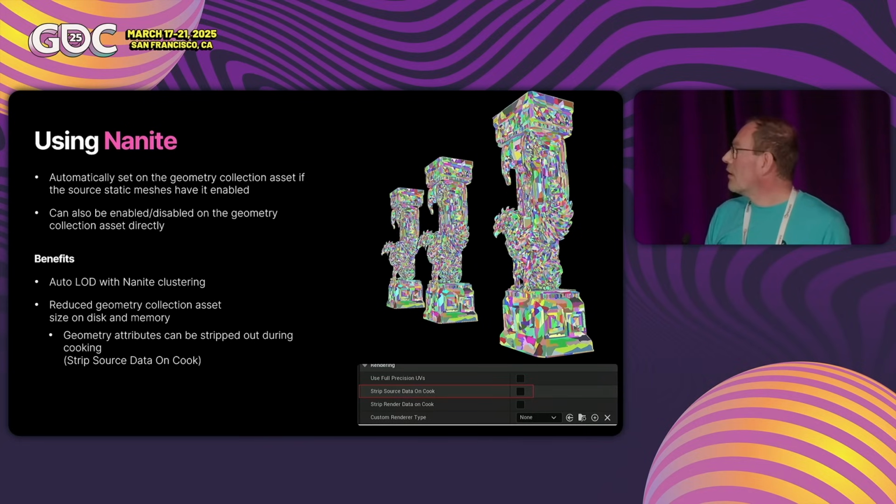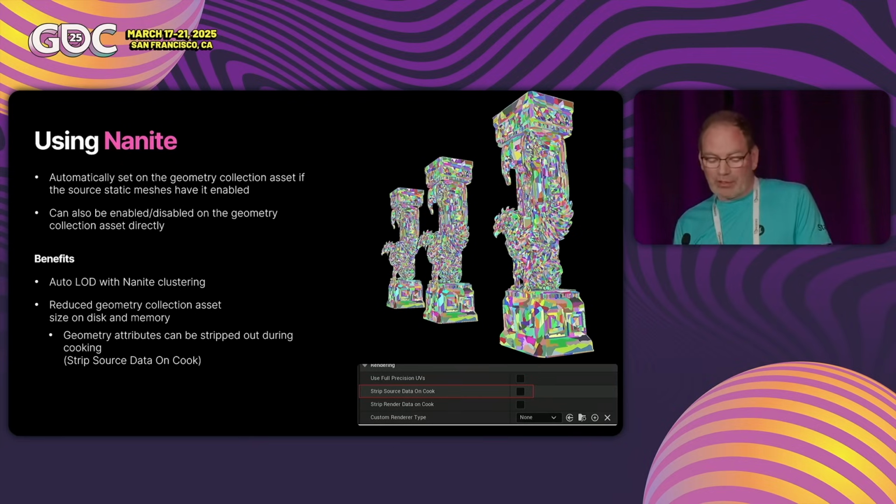So the benefits of using Nanite as well is that you're going to get the auto LOD using Nanite clustering, because by default, geometry collection rendering doesn't support LOD. So that's a limitation of geometry collections. By using Nanite, you get that for free. The other benefit is that the Nanite mesh data is going to be cooked into a very optimal format using geometric compression.